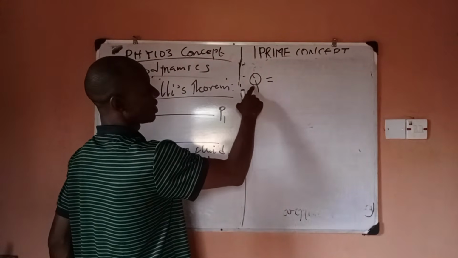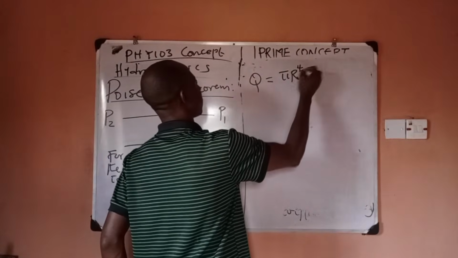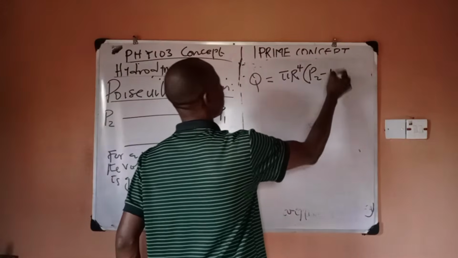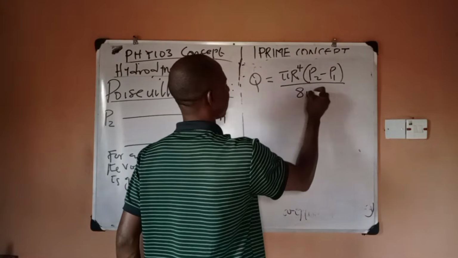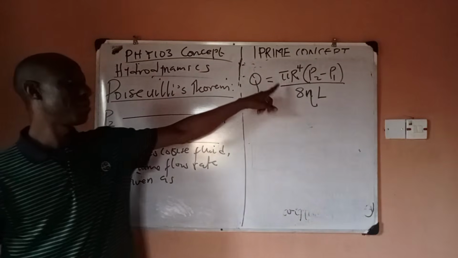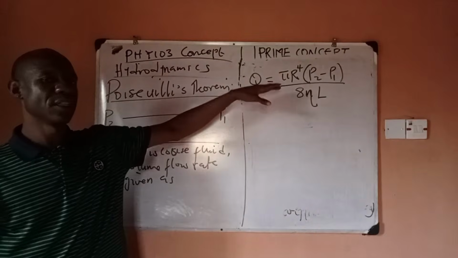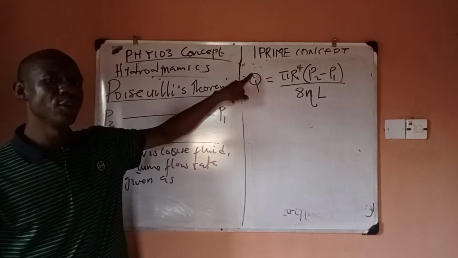So the volume flow rate is given as Q equals pi r to the power 4 times (P2 minus P1), which is the pressure difference, divided by 8 eta L. So this is Poiseuille's mathematical equation. This is Poiseuille's equation. Q is the volume flow rate.